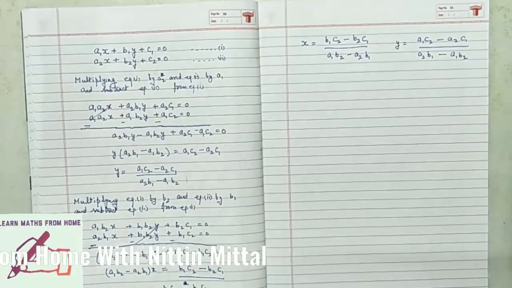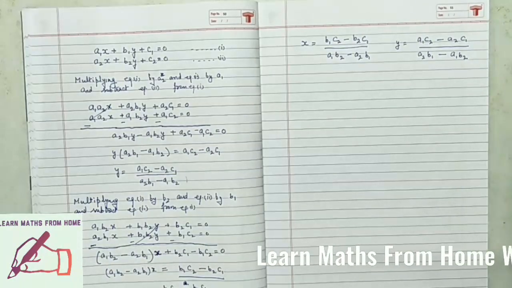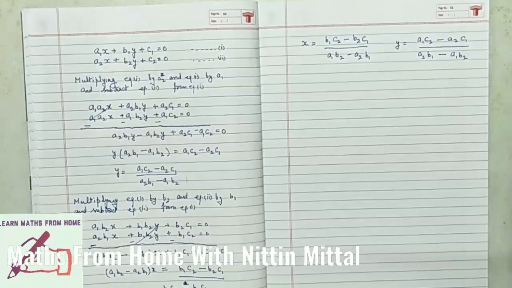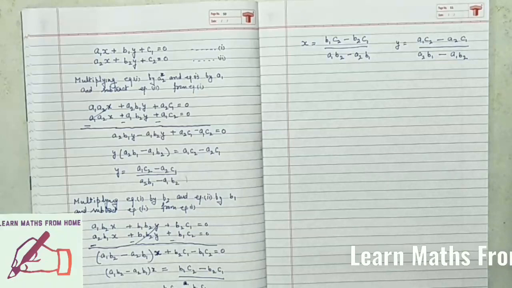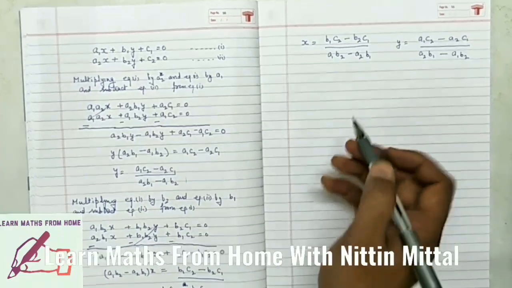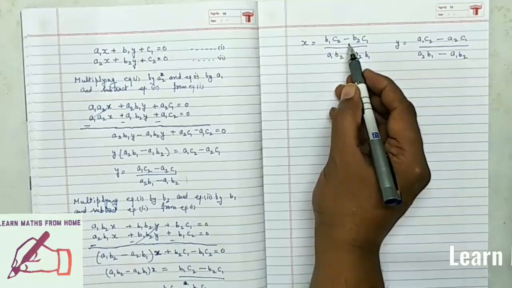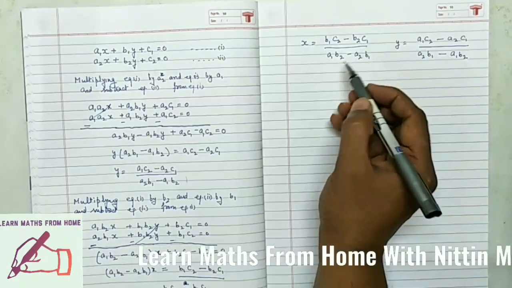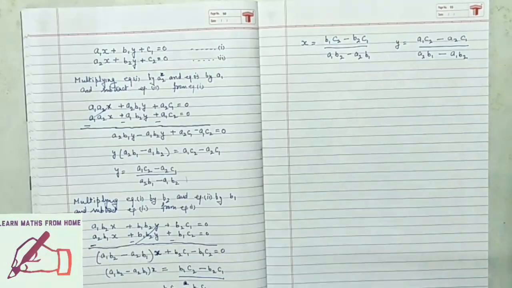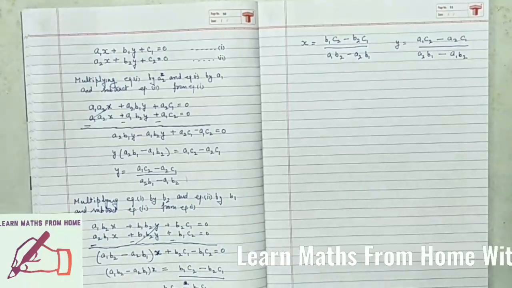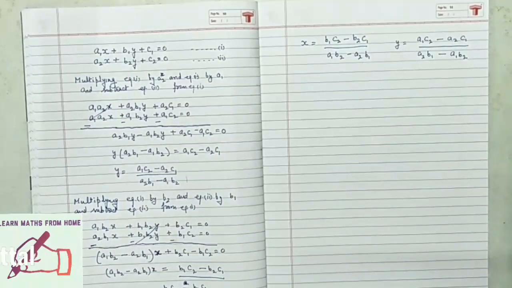So we will be taking minus common so that we can equate the denominators. So how to do that? You see, here we have b1 c2 minus b2 c1 over a1 b2 minus a2 b1, whereas in y we have a2 b1 minus a1 b2.